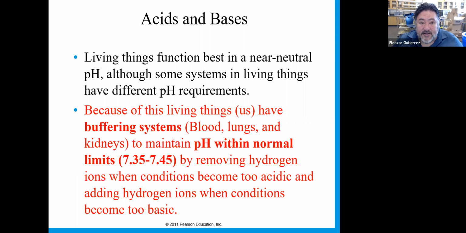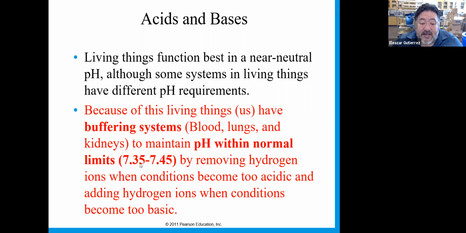Okay. So this is why we are frightened when we have people that have COPD, or they go into ketoacidosis and diabetes type 2, because in both of those events, you end up making the blood extremely acidic, and this range is not going to change.